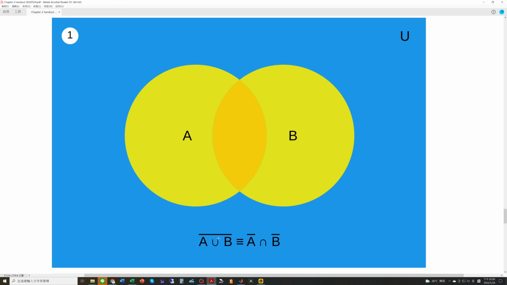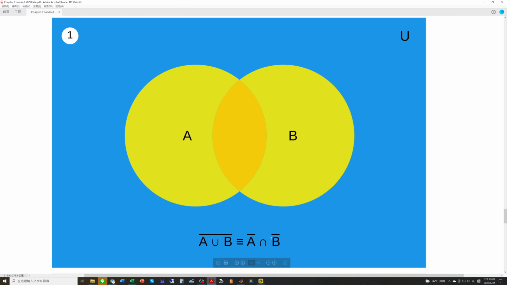And the complement of A union B is the blue part, and it is equal to the complement of A, that is U minus A. So this is this rectangle minus this disk.